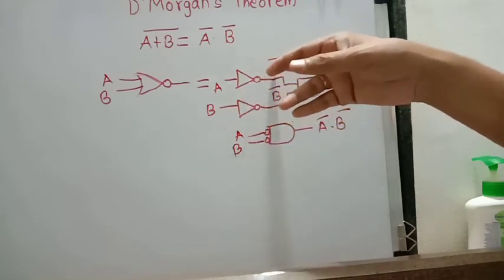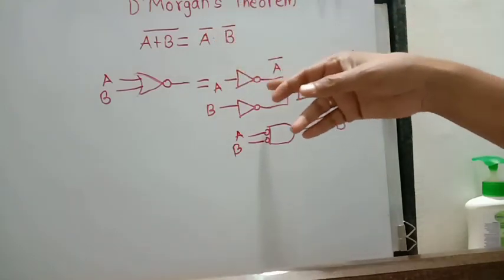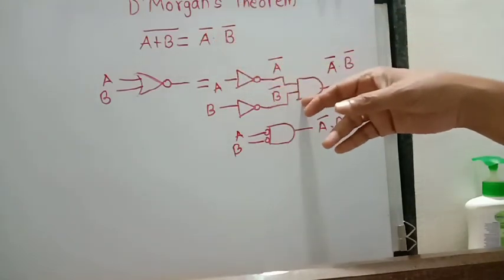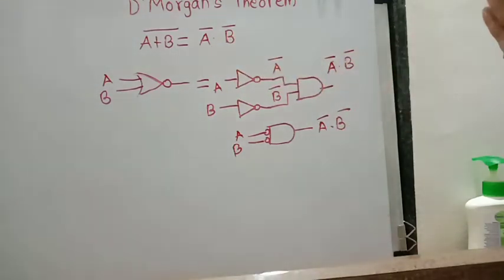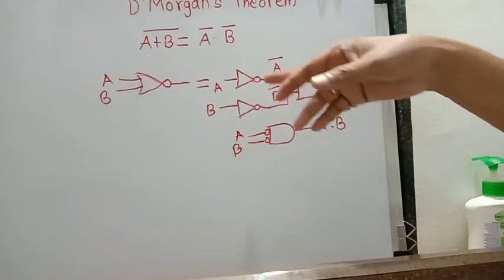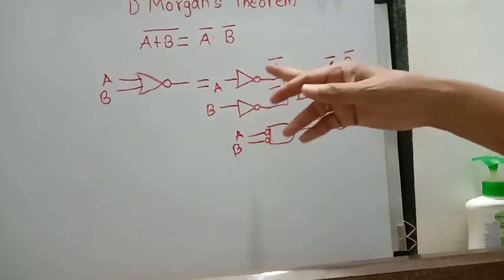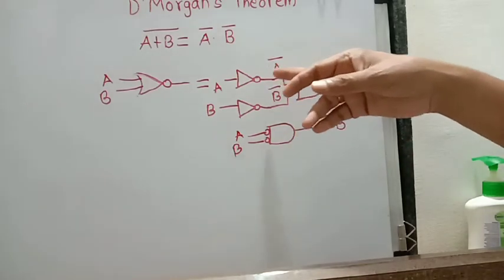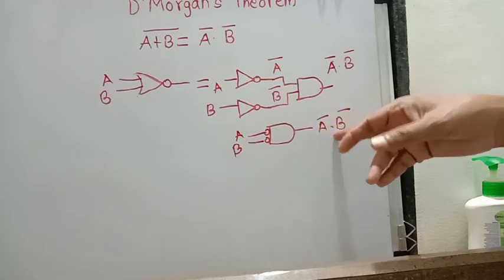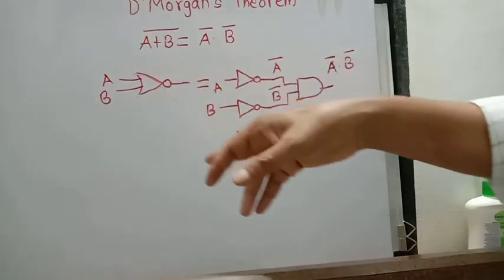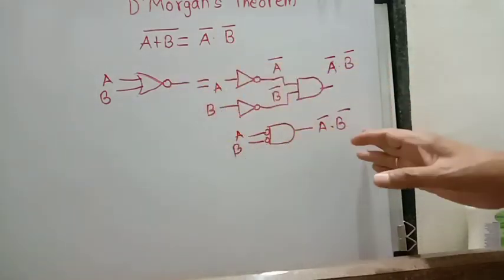We connect A bar and B bar to the input of an AND gate so that we get A bar dot B bar. Also, instead of these two NOT gates, we can draw two bubbles, so that we get A bar dot B bar. That is, a NOR gate is equivalent to a bubbled AND gate.